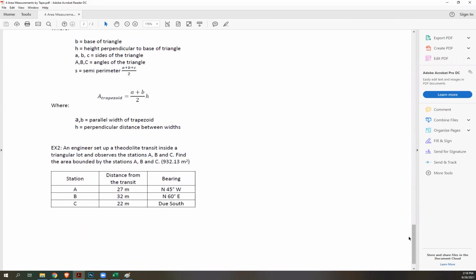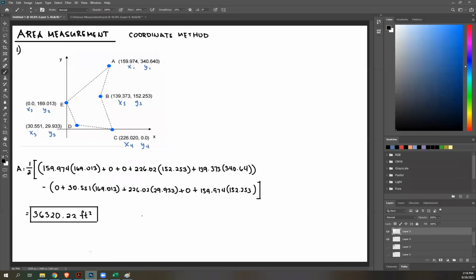Okay, so let's solve. An engineer set up a theodolite transit inside a triangular lot and observes the stations A, B, and C. Find the area bounded by stations A, B, and C. Okay, let's do that.